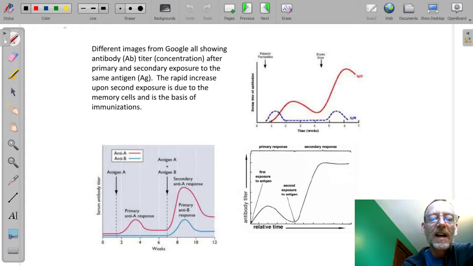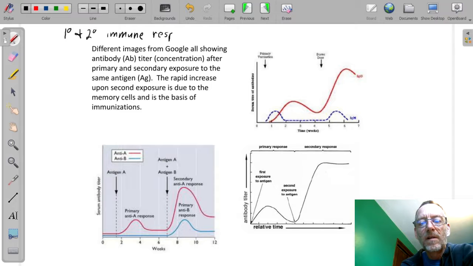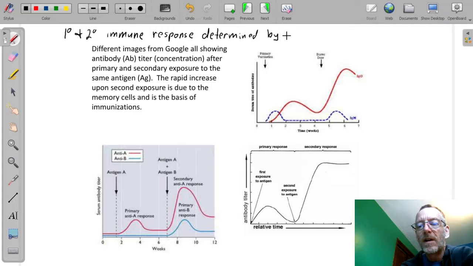So what we're looking at is both the primary and the secondary immune response, as determined by antibody titer.